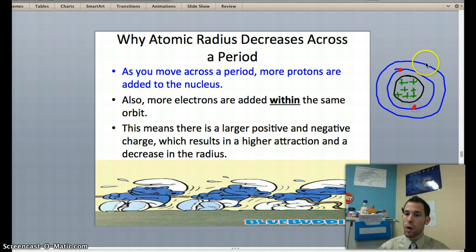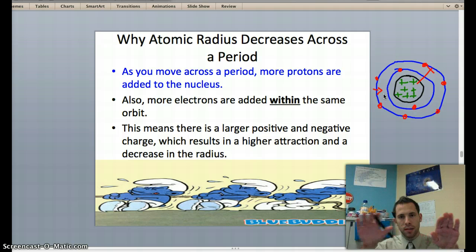We keep adding more, it still stays the same distance, but now there's more force in the nucleus. Therefore, it's going to pull this ring in a little bit, make it a little bit smaller every time. So as we go across, atoms get slowly smaller and smaller. There's a larger positive charge in the middle, there's a larger negative charge outside, which is a higher attraction, which means they're going to come just a little bit closer.